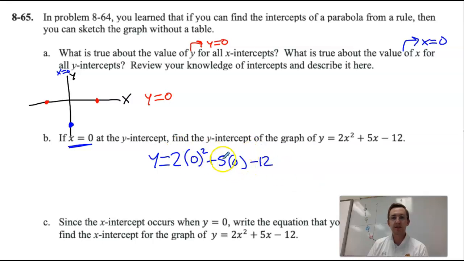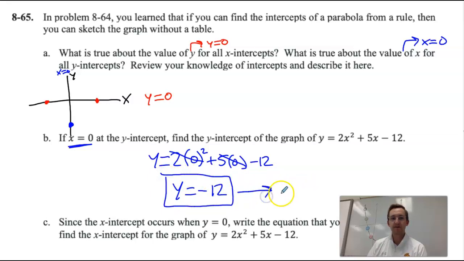So anything times 0 is always 0. So these two terms are basically going to go away. 0 squared is 0, 2 times 0 is 0, 5 times 0 is 0. So we're left with y is equal to negative 12. So that means that our ordered pair, our y-intercept for our parabola here, x is equal to 0, y is equal to negative 12. And this is our y-intercept.